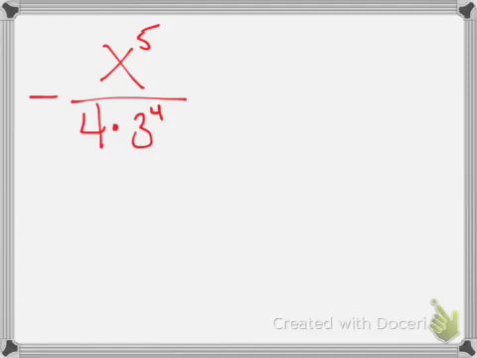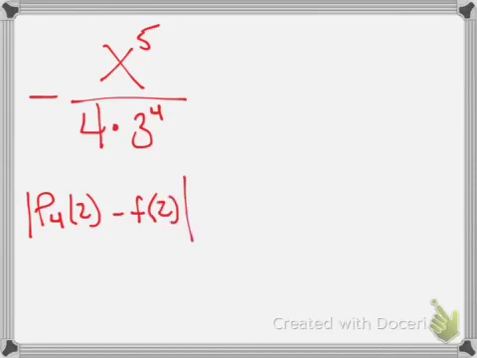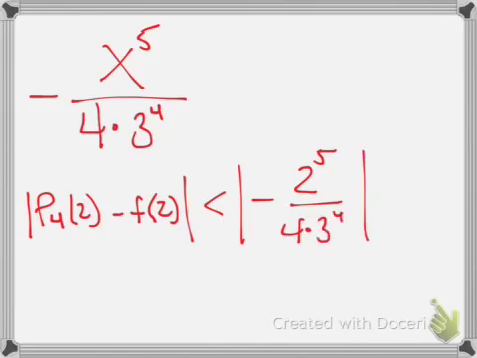Now again, we're doing this at 2, so this P sub 4 of 2 minus f of 2 in magnitude is going to be bounded by the absolute value of, now plug in 2 for x, and then this is going to equal 2 to the 5th divided by 4, which is 2 squared, is going to be 2 to the 3rd, so we're left with 8 on top here. 3 to the 4th is 81, and there is the bound that they're looking for.